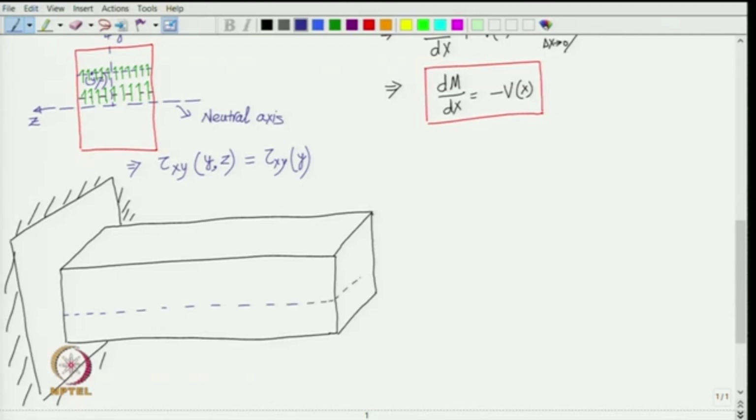So, this is my neutral plane. And think of a small piece here, this green piece that we are going to carve out.